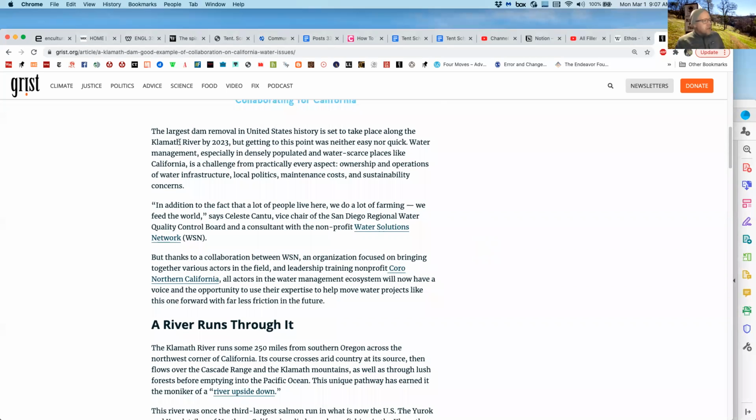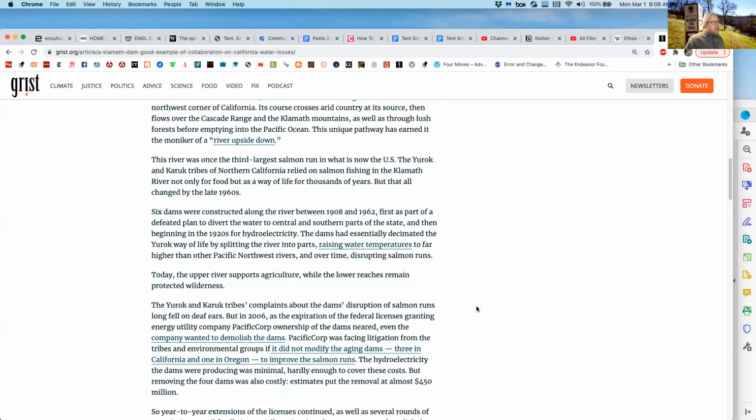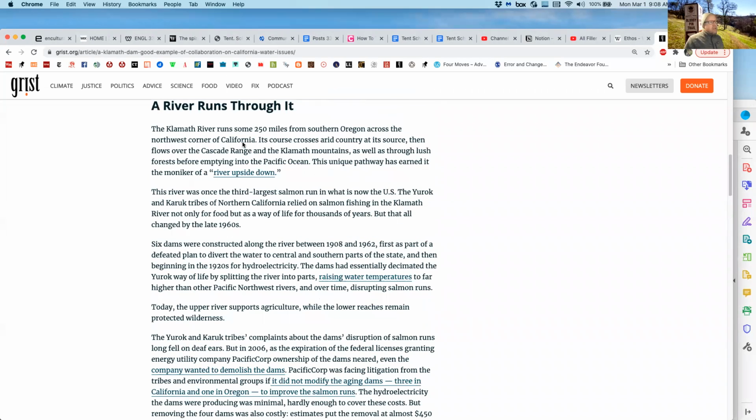It starts off, the largest dam removal in United States history is set to take place along the Klamath River by 2023. A lot of people live here. Third paragraph, there's a collaboration going on. Here's a section that is all about the river itself and the people who live along the river. Now, this seems like phronesis, doesn't it? In different kinds of ways, they are exemplifying their knowledge of the issue.